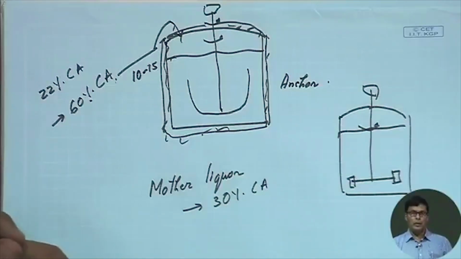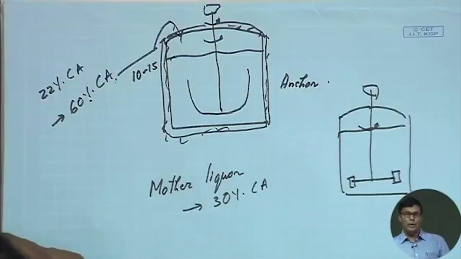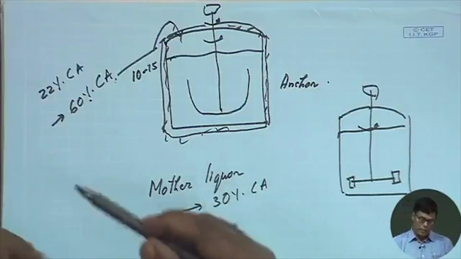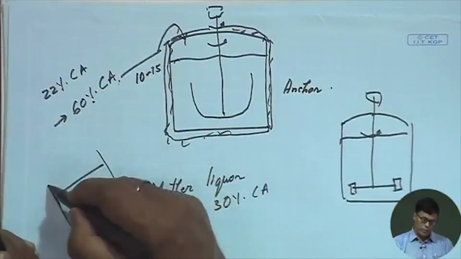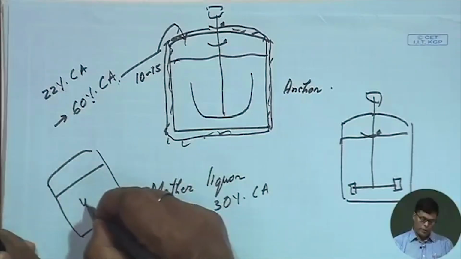I told you that the transition temperature of citric acid is about 36.6 degrees centigrade. Now what we do is take the mother liquor, which contains about 30% citric acid, into a vessel and increase the temperature of the vessel to about 40 degrees centigrade.